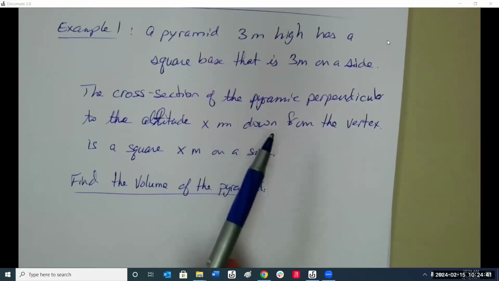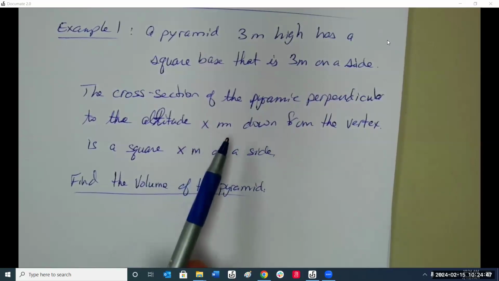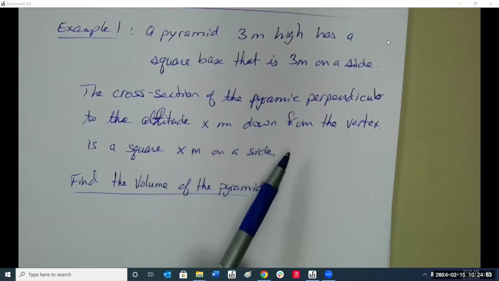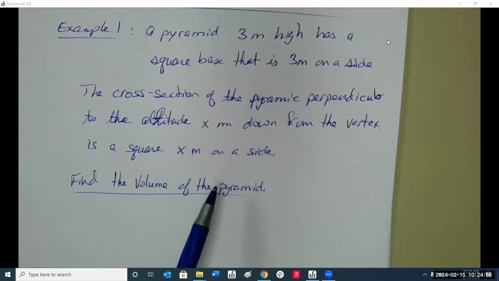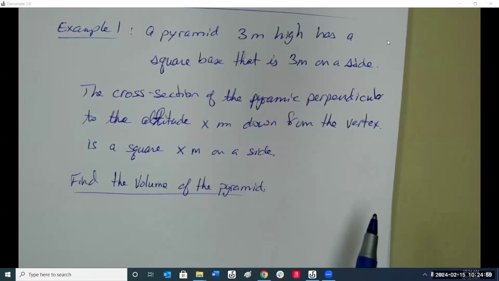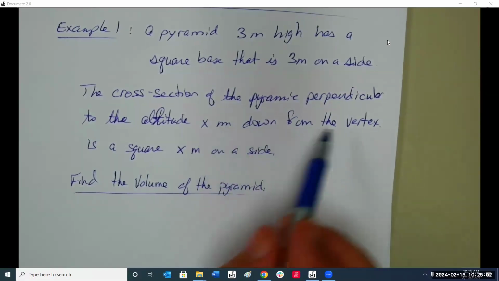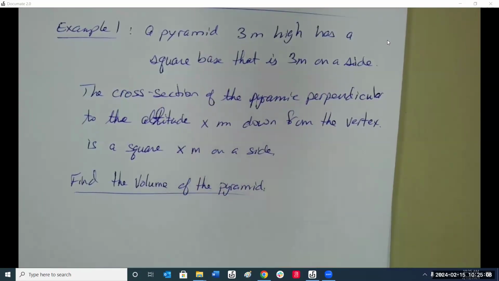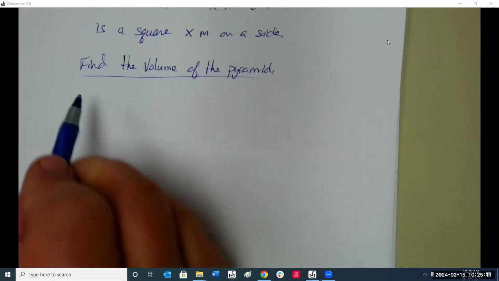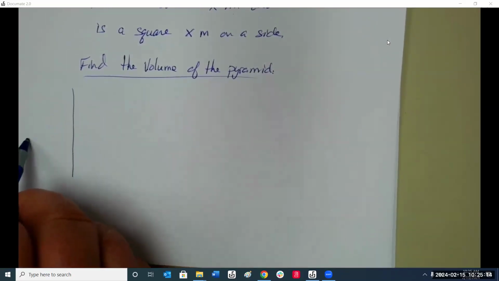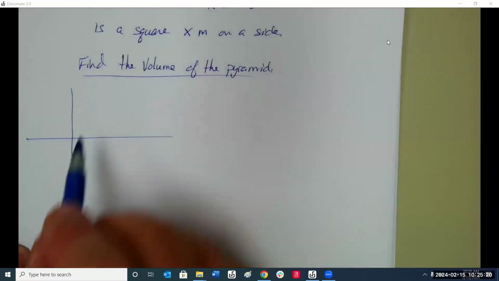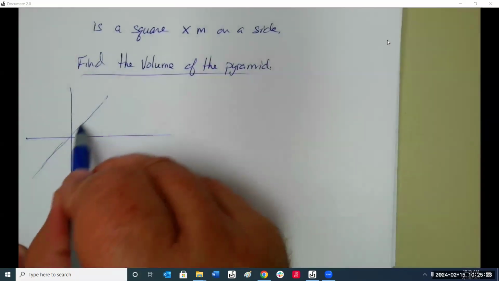So a pyramid that's 3 meters high has a square base that is 3 meters on a side. The cross section of the pyramid perpendicular to the altitude x meters down from the vertex is a square. Okay, so let's draw a picture first. It has to be 3 dimensions because it's a pyramid.